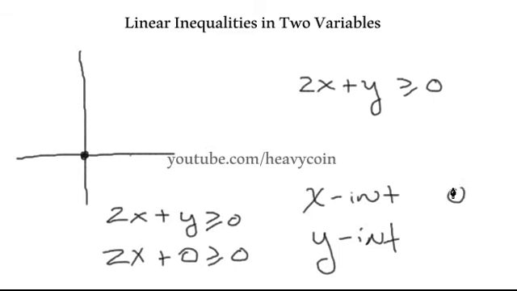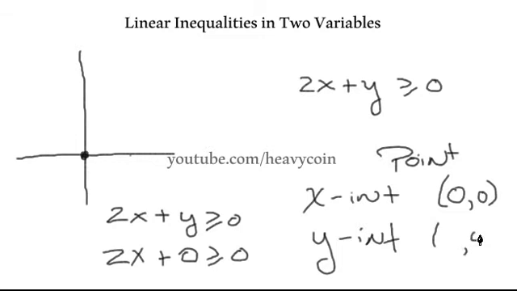So our x-intercept is at 0. We should actually call this a point, so this would be 0, 0. Alright, now what we want to do is find the y-intercept point.